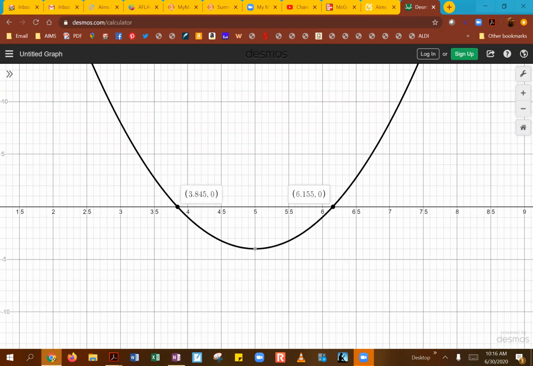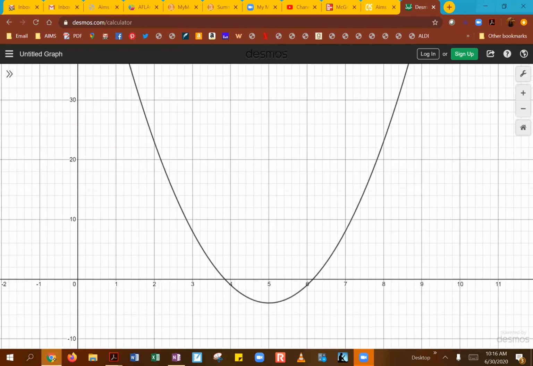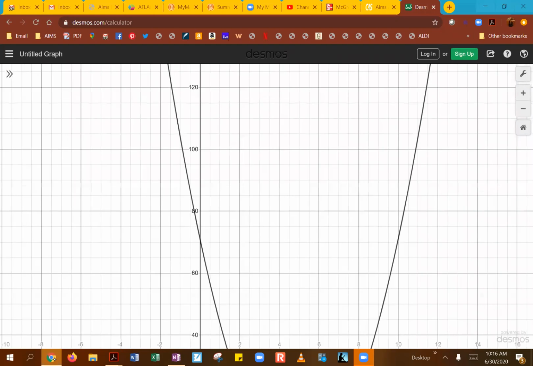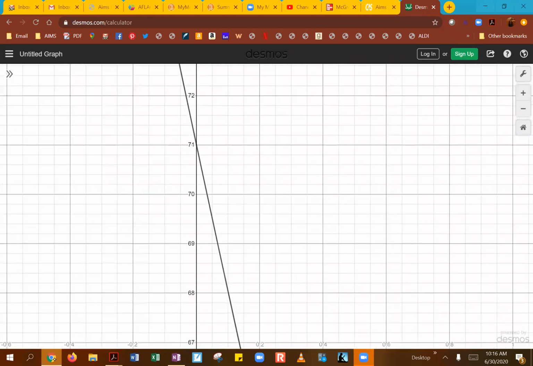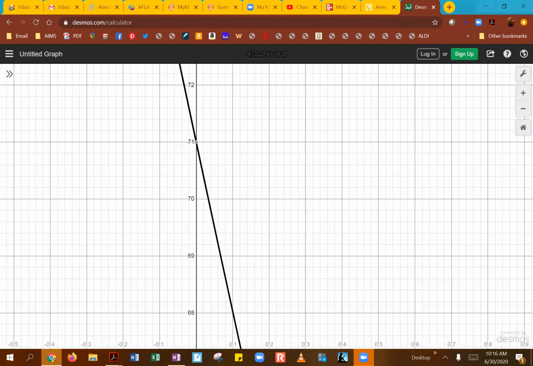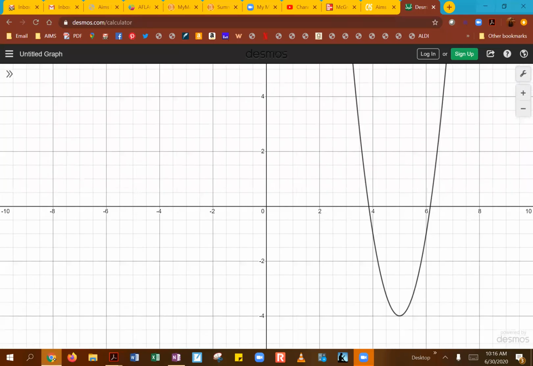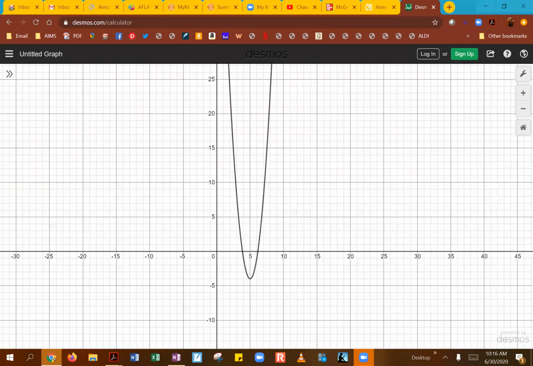This one here is at 3.845, which is of course what we got as our 2 x-intercepts. And then we should be able to see here on the y-axis that our y-intercept is at 0.71. So you can kind of see what that entire graph would look like if we zoom out.